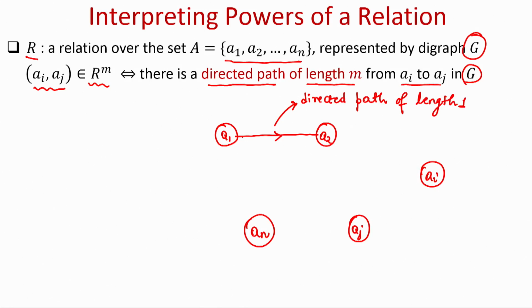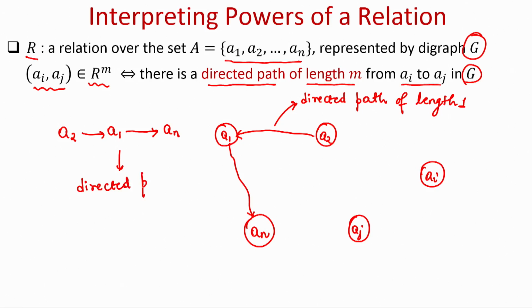Whereas, say if you have a path of the form from A2 you have an edge to A1 and from A1 you have an edge to AN, then I will say that the sequence of edges A2 to A1 and A1 to AN will be considered as a directed path of length 2 from A2 to AN, right.